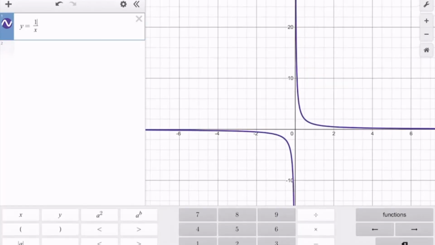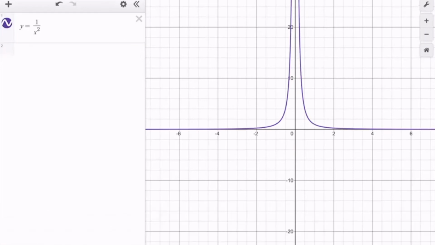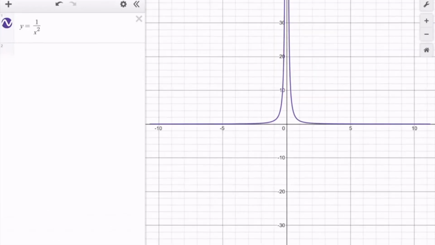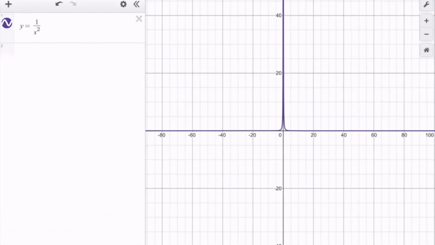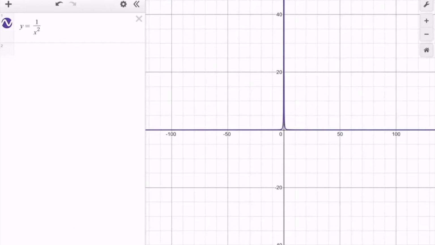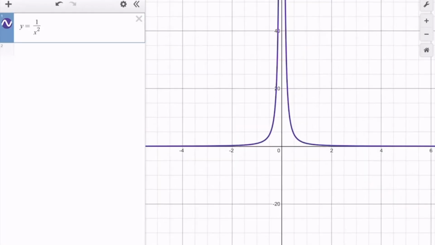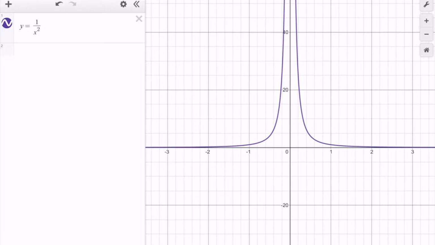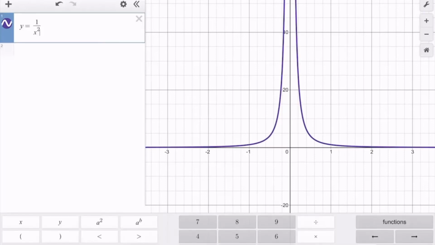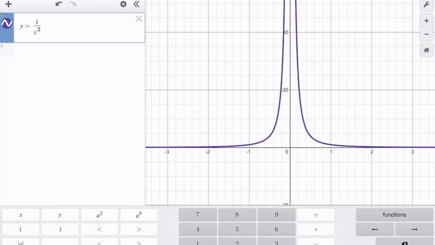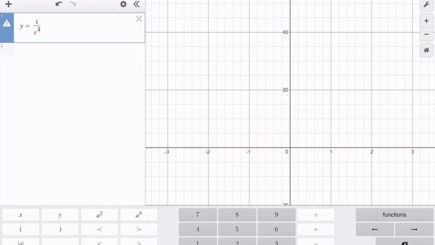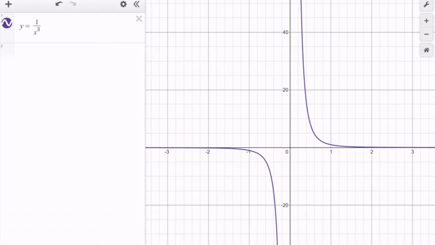If we change the denominator to be squared instead of to the first, then we still have this horizontal asymptote of y equals 0. It does approach the x-axis faster than 1 over x did. If we increase the exponent on the denominator to be to the third, we still have this same behavior.